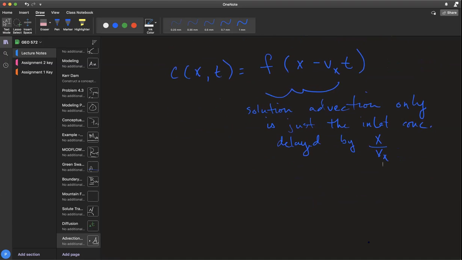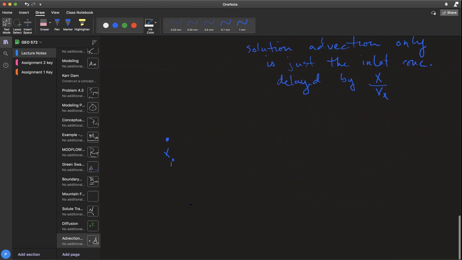In practical terms, what this means is, let's say that I've got a step change. So at x naught, my concentration at the inlet looks like this. It started off at 0. So we could have a step change in concentration.